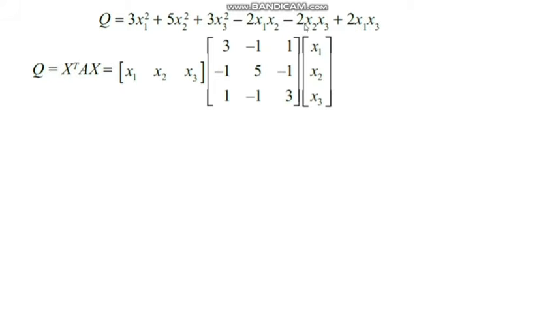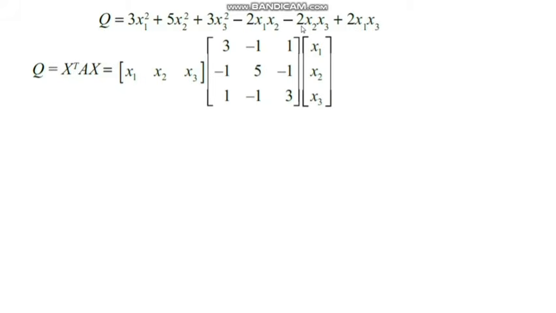Later we have the x1x2 coefficient, minus 2. Minus 2 divided by 2 gives minus 1. Minus 1 can be placed at two positions: first row second column, and second row first column. Later you have the x2x3 coefficient, minus 2. Minus 2 divided by 2 gives minus 1.